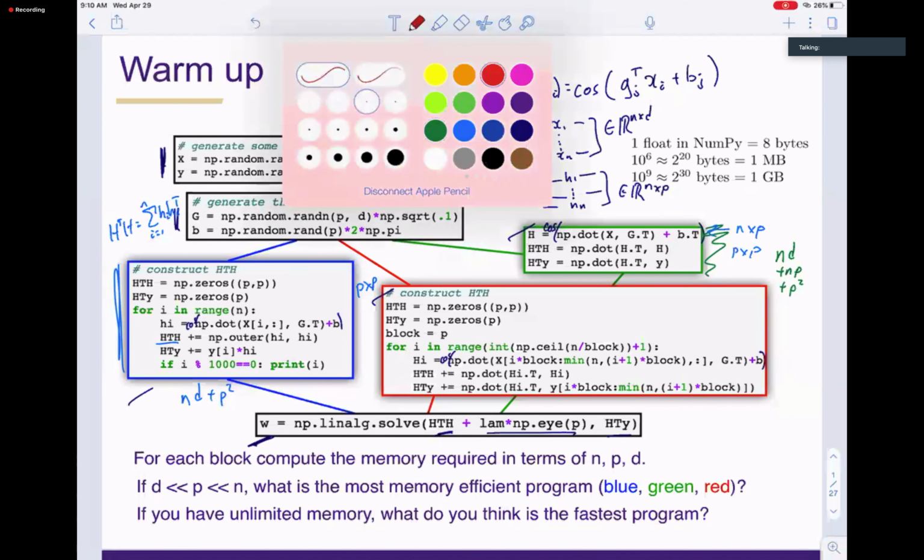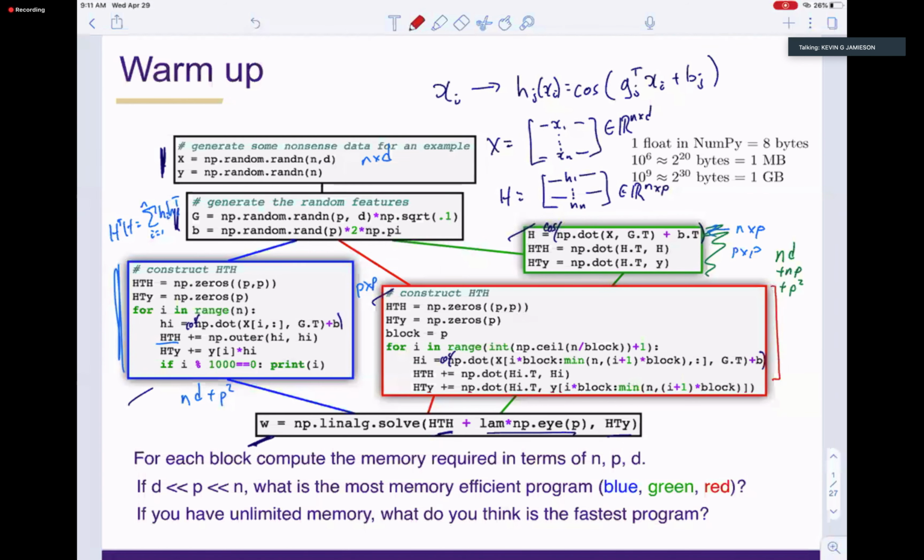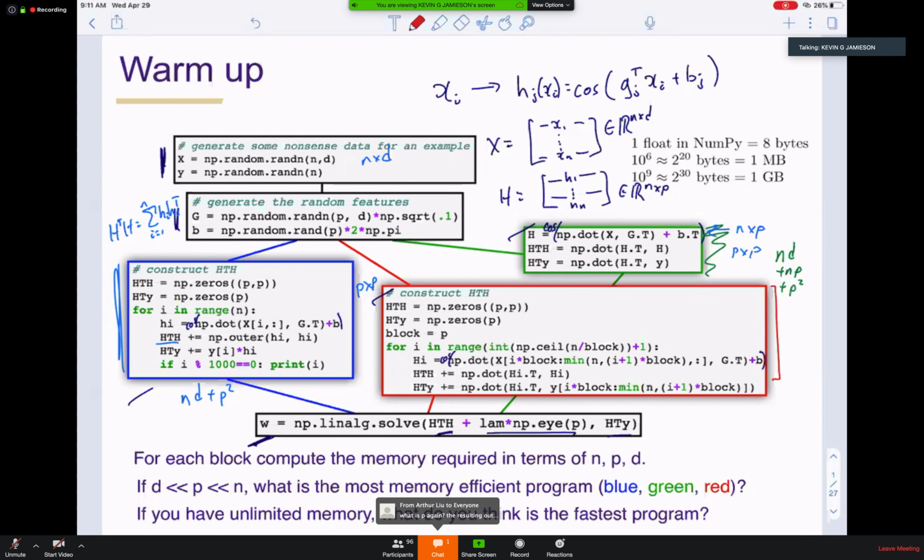The red, which I'll let you look at offline, is some middle ground between these two extremes, and it gets the best of both worlds. I don't want to stress this, but you should look at this offline and try to convince yourself that this is really skating the line of computation versus memory, and that there are more efficient ways to program things.